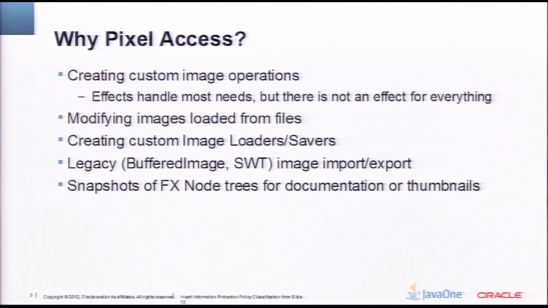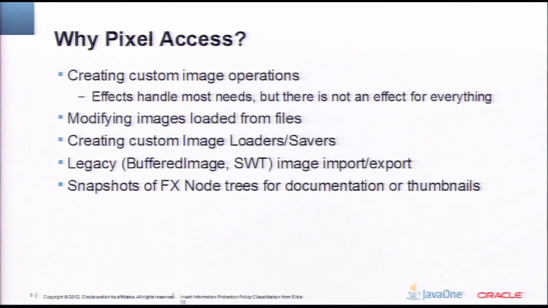You might want to create your own image loader or image writers. But prior to this, all we offered was the ability to point us at a URL or a file to load an image from. You may have some legacy code which involves custom operations on buffered images or some work in SWT involving images, and you need to get those images into a JavaFX application.